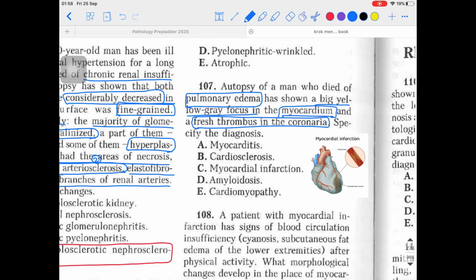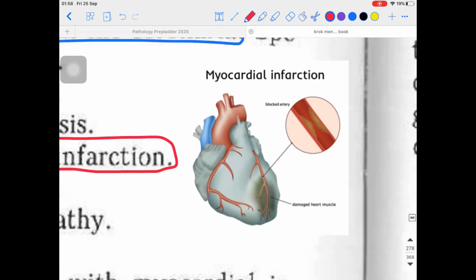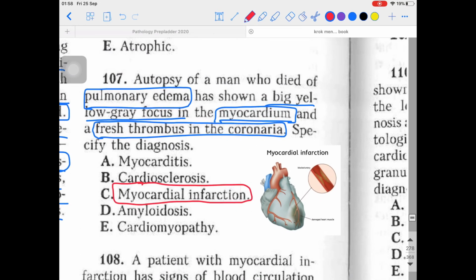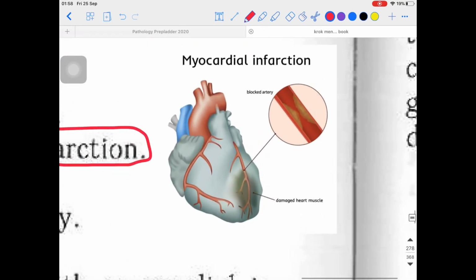So that is the classical case of myocardial infarction they are talking about. So the answer will be very clear, MI. Now, the fresh thrombus in the coronary: let's say this is the coronary vessel, and you can see the blocked artery, right, thanks to atherosclerosis.